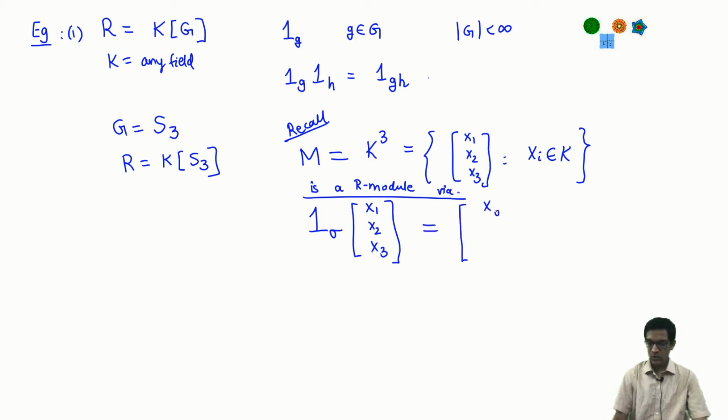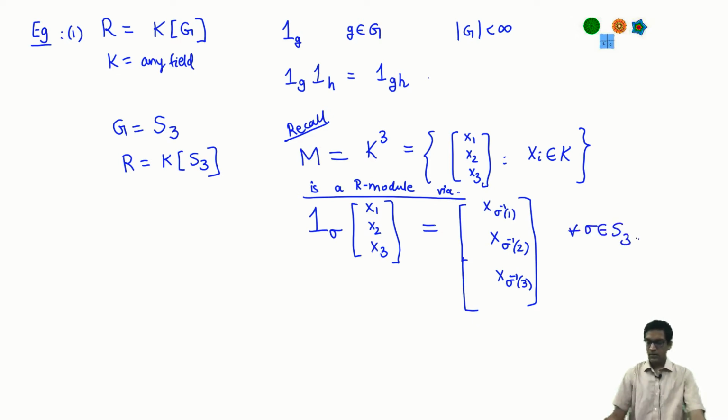It maps a vector to a permutation of the 3 coordinates, and we had said you need to use sigma inverses there. This is for all sigma in S3. Again, look back on that lecture to recall how this became an R module. It's a left R module.